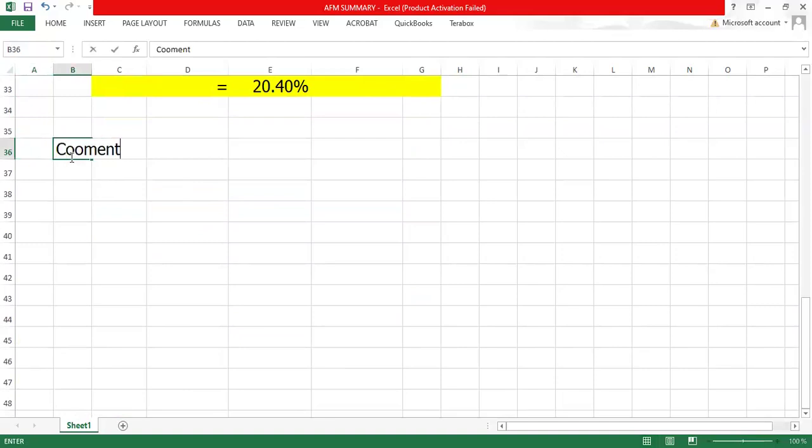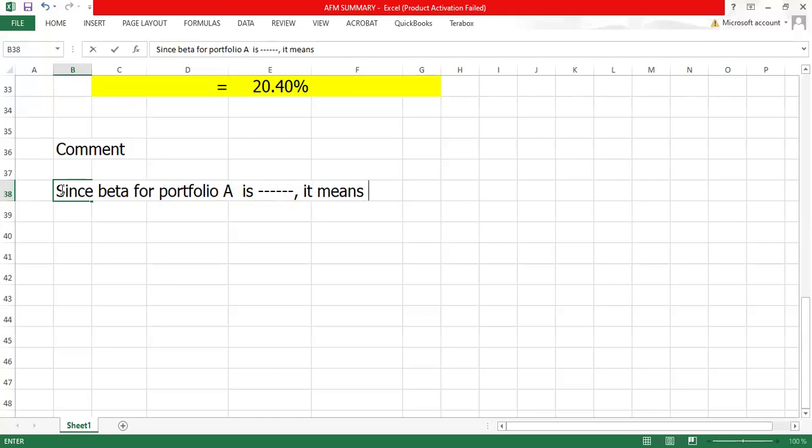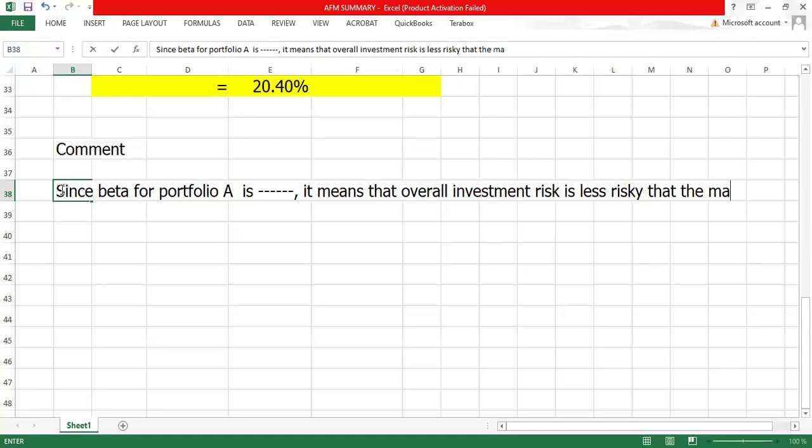For commenting, for Roman 2, you'll just be saying that since the beta for portfolio A is, you put the beta, it means that the overall investment risk is less risky than the market.